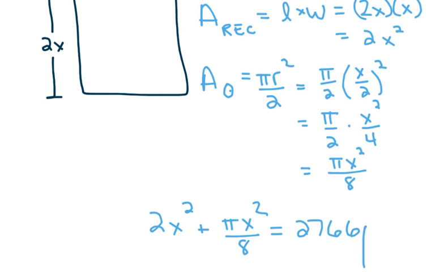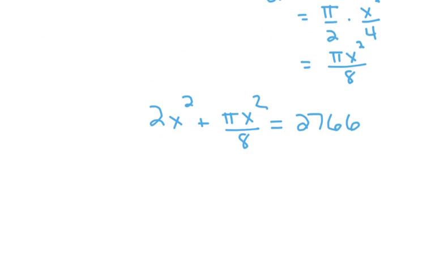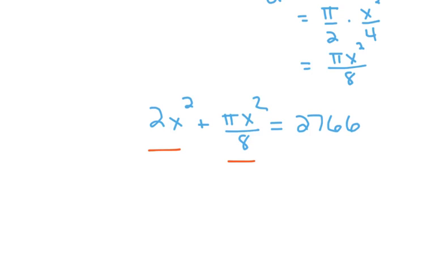Well, I want you to notice that these two terms share a common factor. They both have an x squared. So if you take an x squared away from both of them, you're left with this.